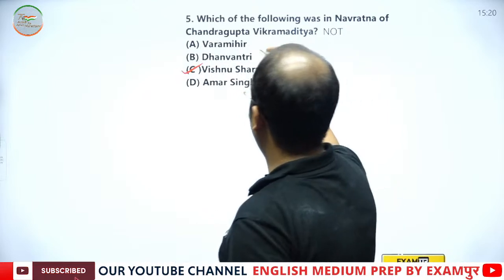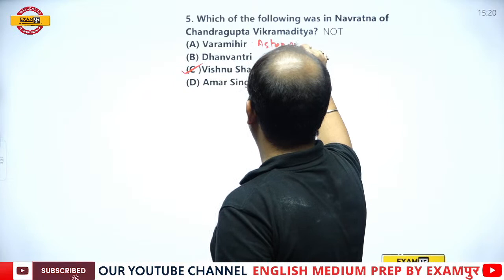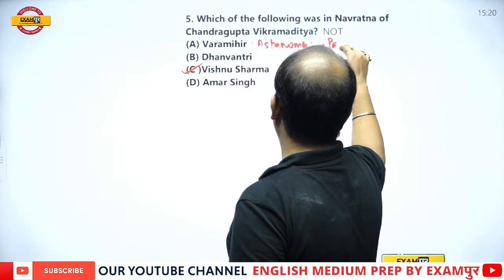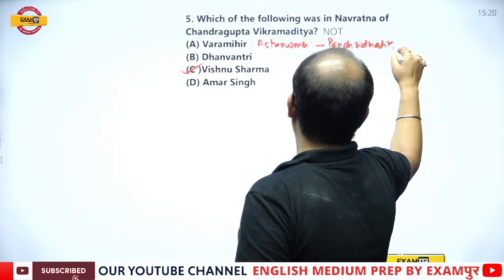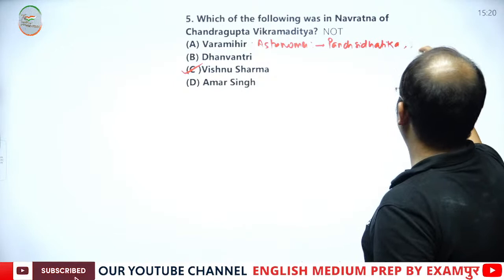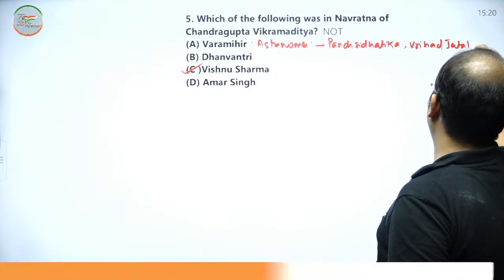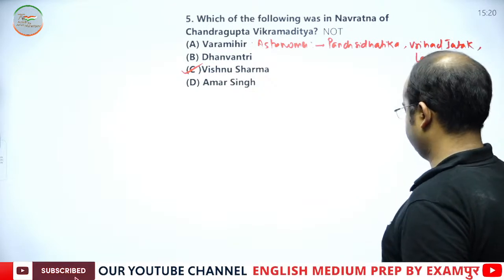Varamihir was an astronomer and he wrote Panch Siddhantika, Brihad Jatak and Laghu Jatak.